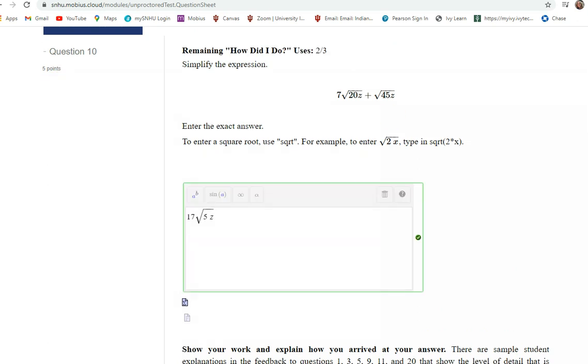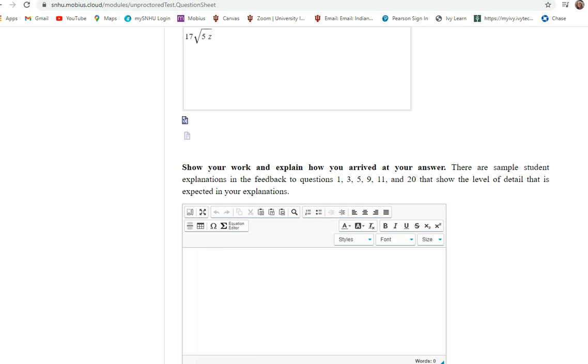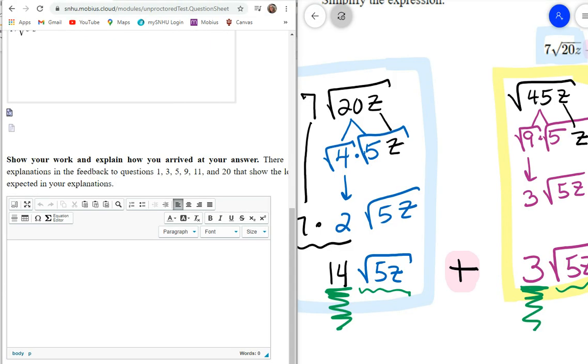Yay! On this problem, you also have to come down here and it says show your work and explain how you arrived at your answer. There are sample student explanations in the feedbacks to questions, and so on. Anyway, if I were doing this, I would literally type in what I just did on that previous page. Let me pause again.